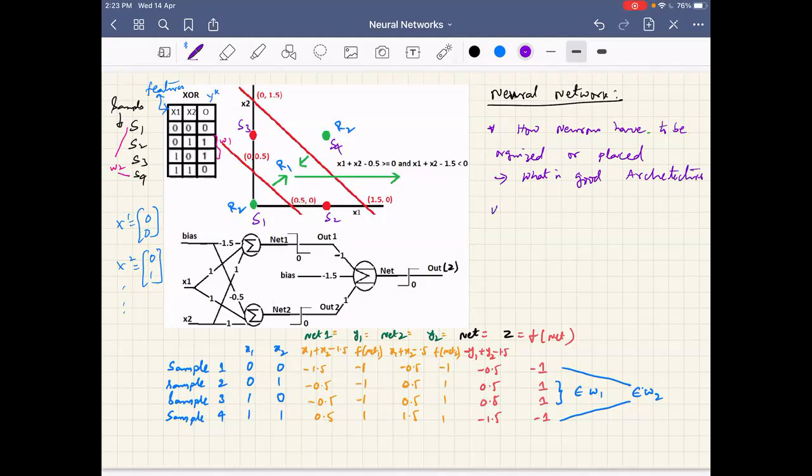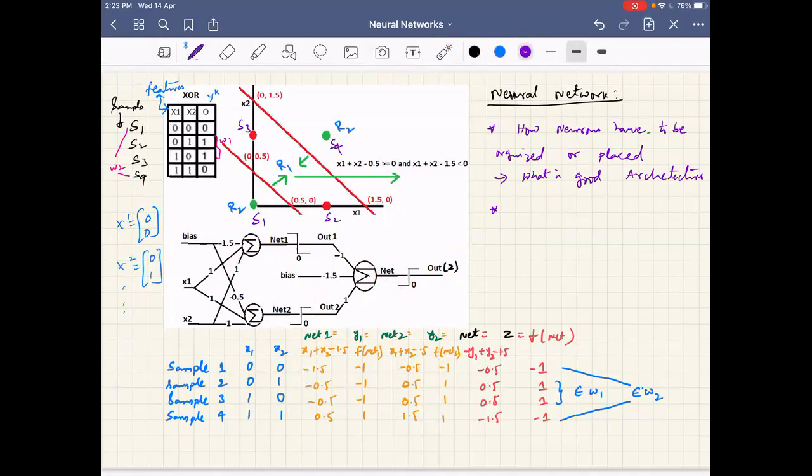Then, how should the connections between the neurons be? As you can see, this neuron and this neuron are connected like this, and this neuron has no connections with other neurons. This connection can be there or need not be there, and similar is the case with this.